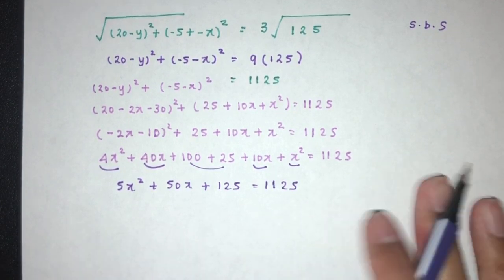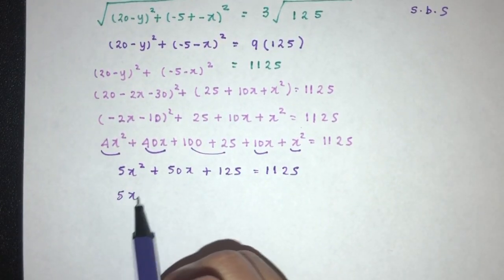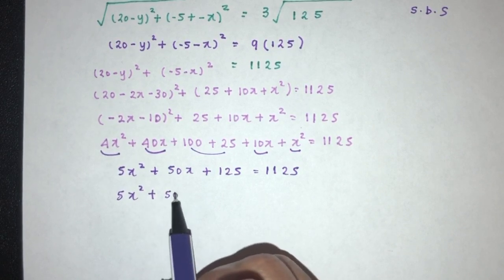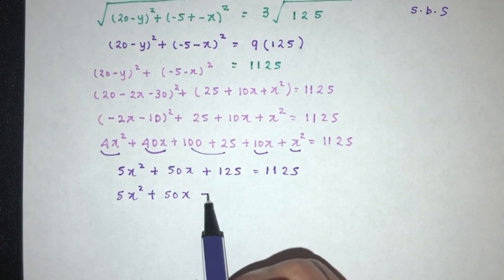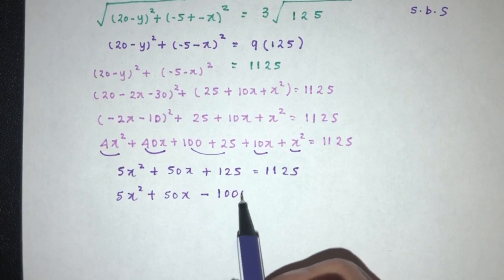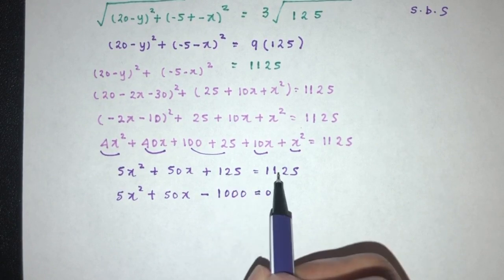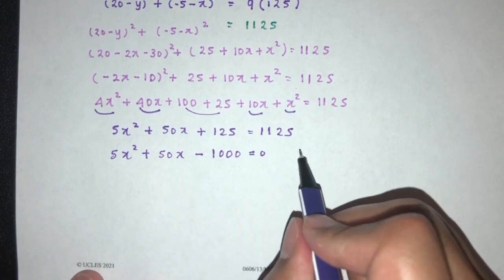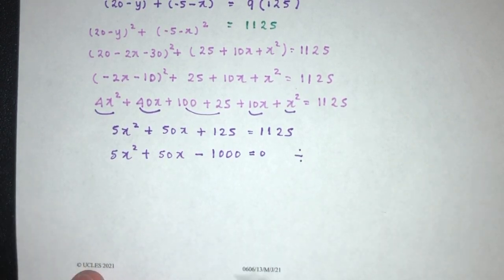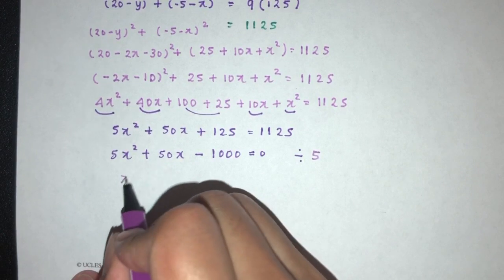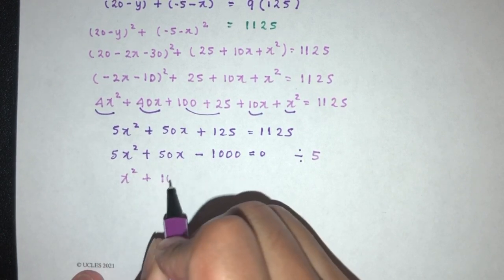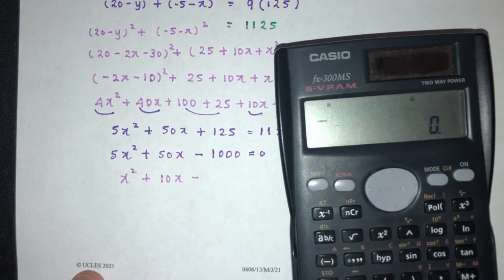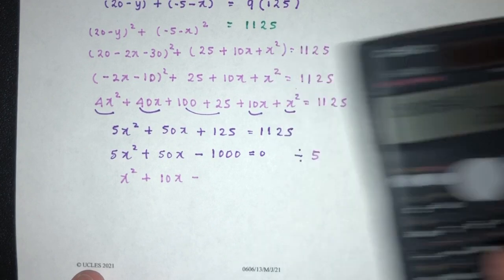Send everything to one side. You will have 5x squared plus 50x minus 1000, because obviously 125 minus 1125 will be minus 1000. Now to simplify, because everything is divisible by 5, we can divide by 5 everywhere. You will have x squared plus 10x minus 200.